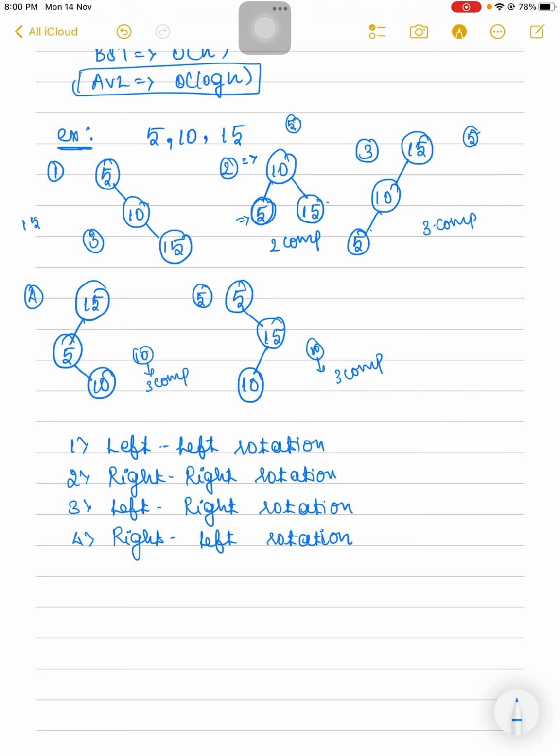So totally 4 rotations are there. We are just going to choose the appropriate rotation and apply it over there to make the tree balanced.